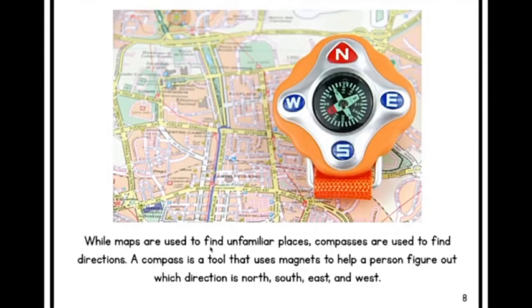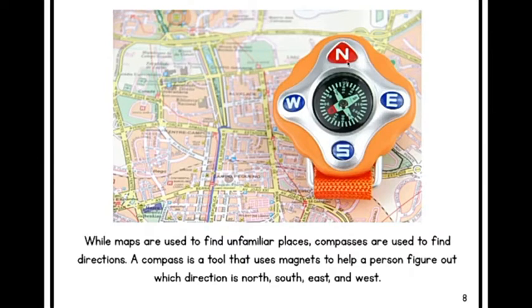While maps are used to find unfamiliar places, compasses are used to find directions. A compass is a tool that uses magnets to help a person figure out which direction is north, south, east, or west. So you might ask your mom and dad to get out their phone if they have a cell phone, and it has a feature on it that's a compass.